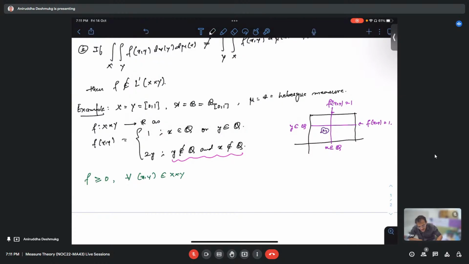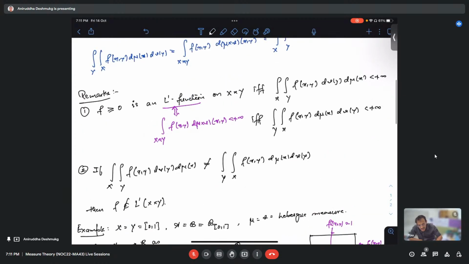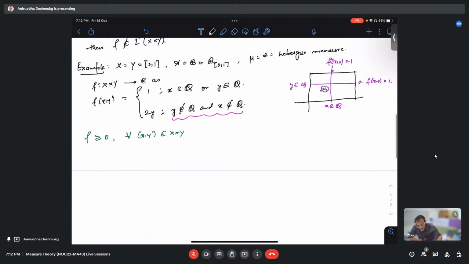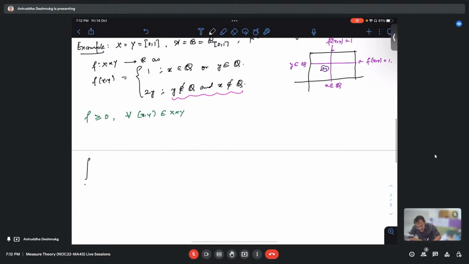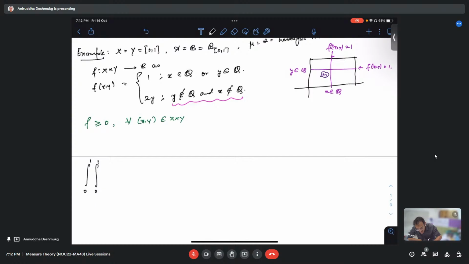Then it is L1 if and only if one of the two iterated integrals is finite. In particular, let us look at this iterated integral. Since both the spaces are the same, it doesn't matter whether X × Y and Y × X are the same, but one of them is going to be easier to write. So let us write ∫∫ f(x, y) dν(y) dμ(x).